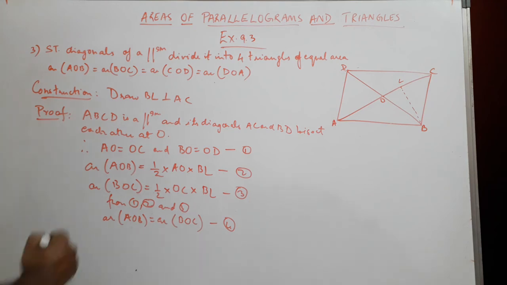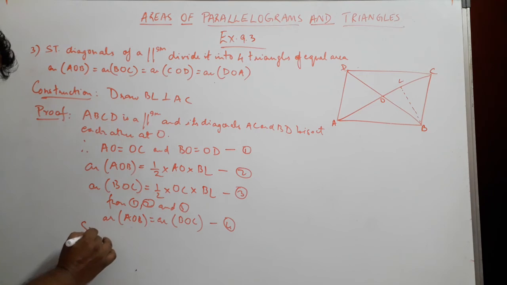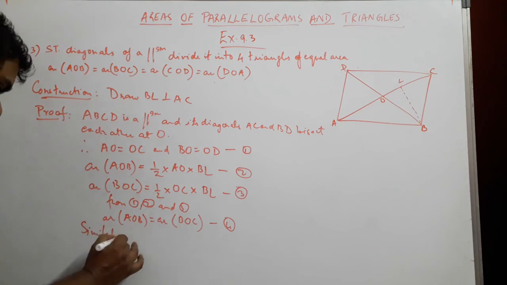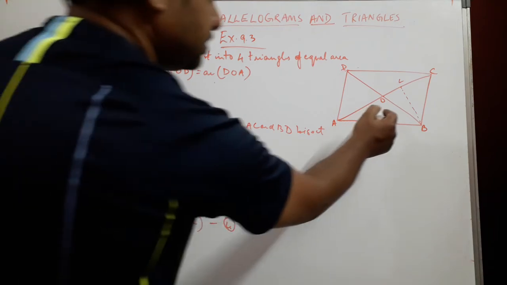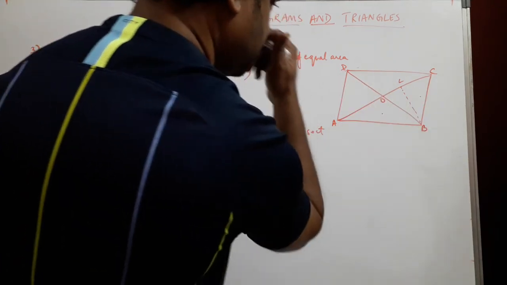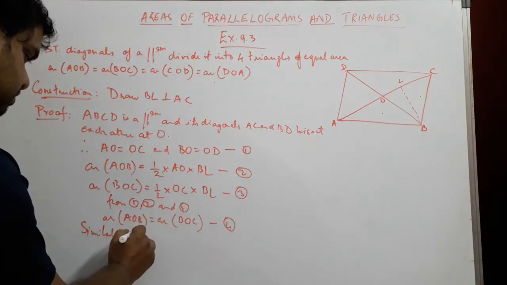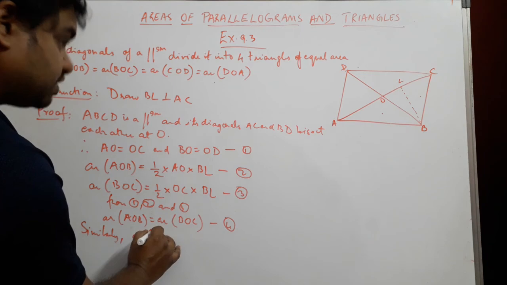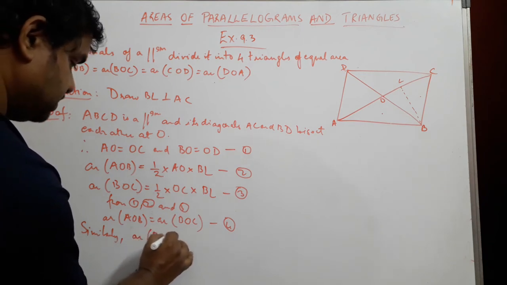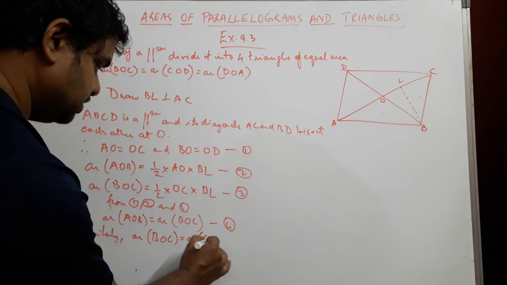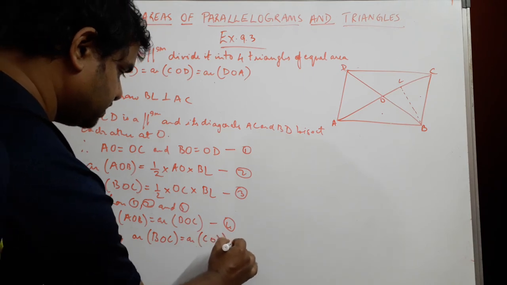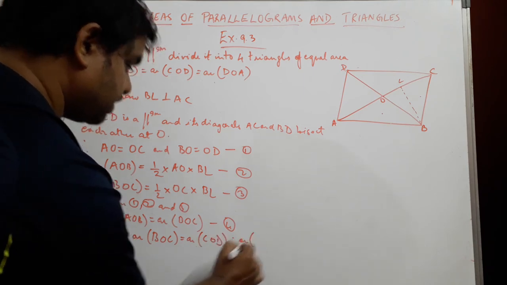Similarly, since we have shown this triangle is equal to this triangle, we can also show that area of triangle BOC is equal to area of triangle COD.